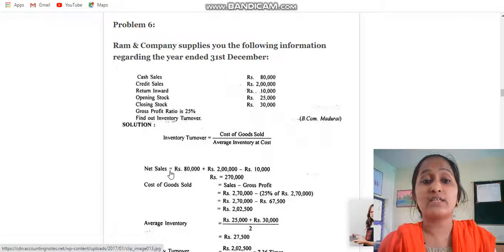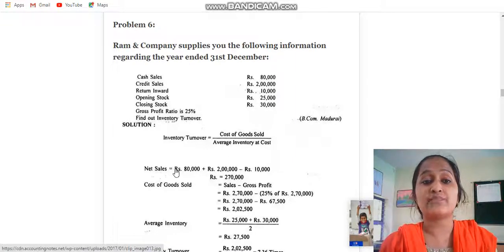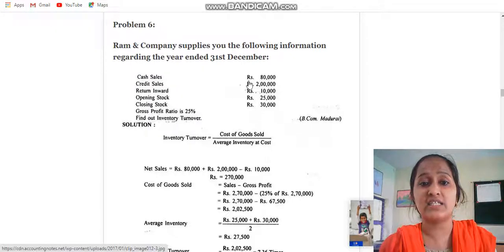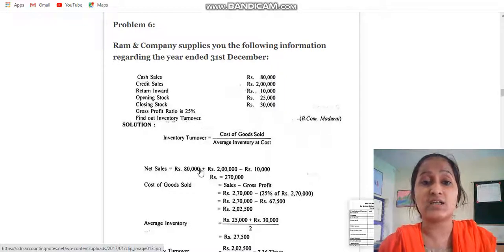So we have net sales: 80,000 plus 2 lakh, minus 10,000. When we don't have a direct figure, you are supposed to do the calculation. How will you get net sales? Cash sales plus credit sales gives you net sales, that is 80,000 plus 2 lakh credit sales.